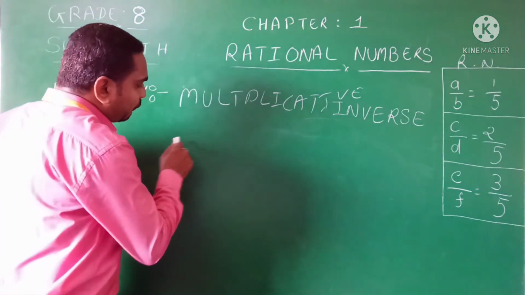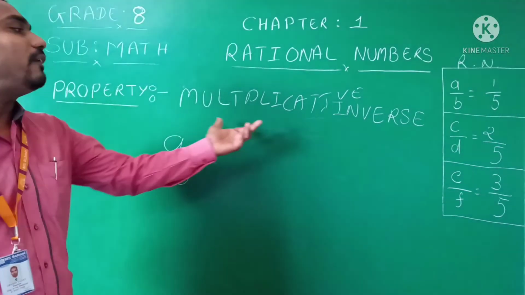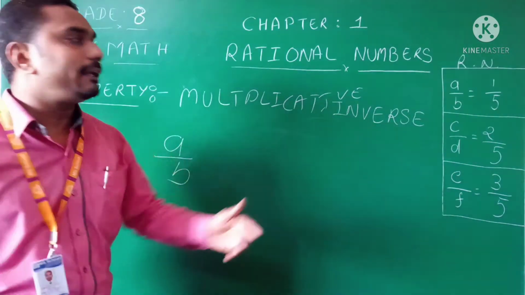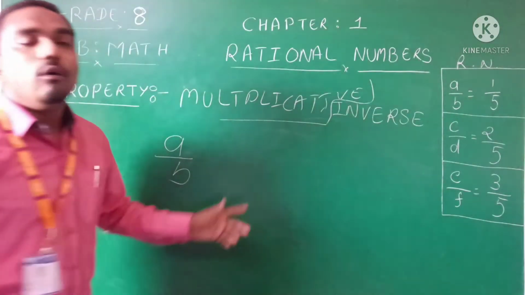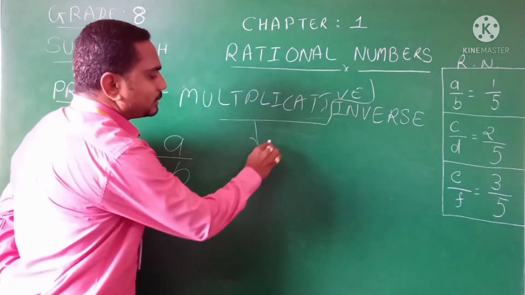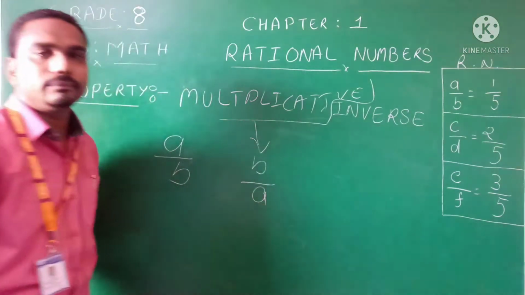For example, if I have a rational number a upon b and I want to write its multiplicative inverse, then I simply write b upon a.